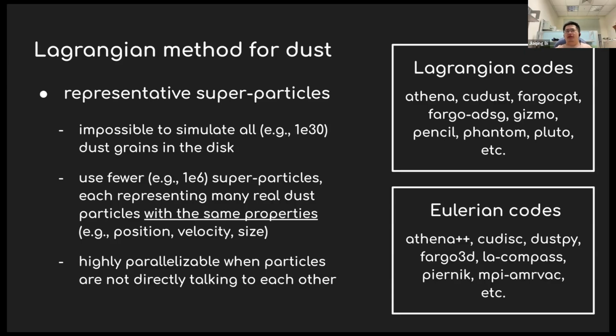So we use fewer, like 10 to the 6, 7, 8 superparticles to represent those real dust particles. The good thing about using the Lagrangian method for dust is that it handles dust crossing very well, which is pretty important when the dust grains are relatively large, like Stokes number above 1.